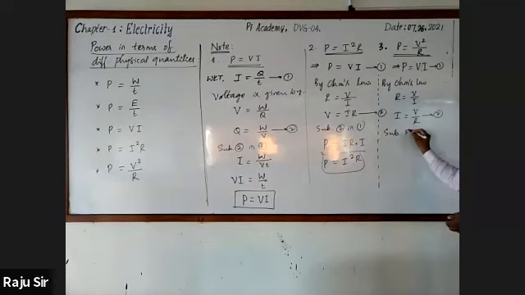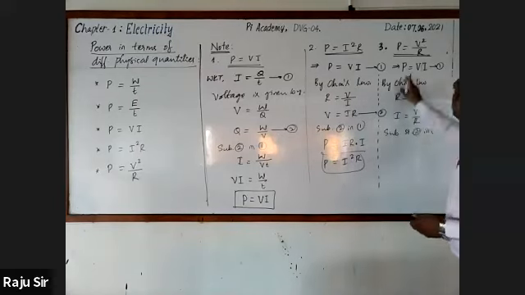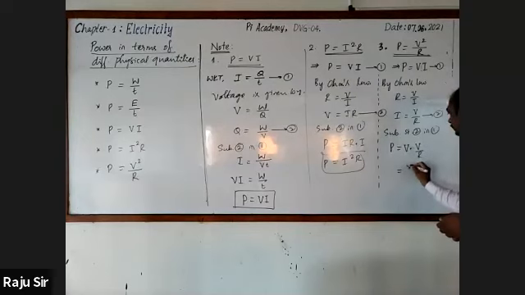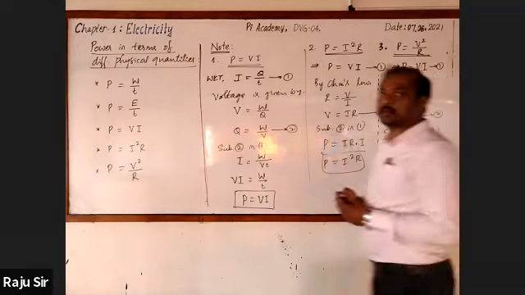Substitute statement 2 in 1. Then we can write P is equal to V as is, whereas I is V by R. It's equal to V square by R. P is equal to V square by R.